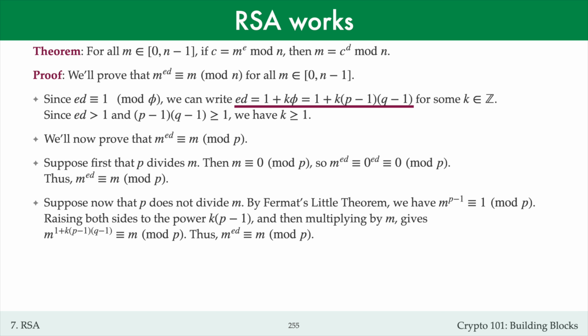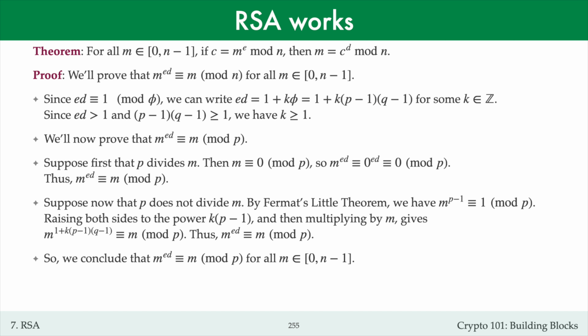Replacing the exponent by ed gives m to the power ed is congruent to m modulo p. So we conclude that m to the power ed is congruent to m modulo p for all integers m.